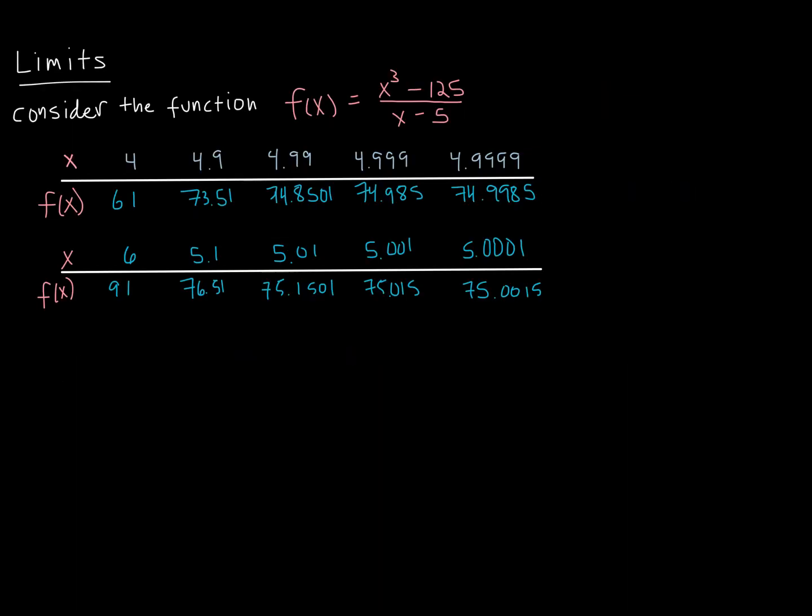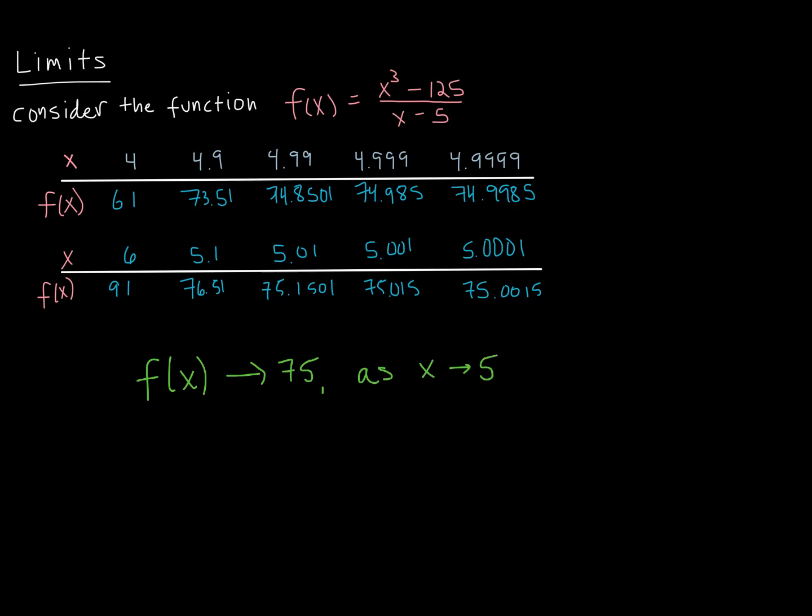Right, so there are 2 options for how we can write this. Most simply, one can say that f of x approaches a value of 75 as x, the input, approaches a value of 5.